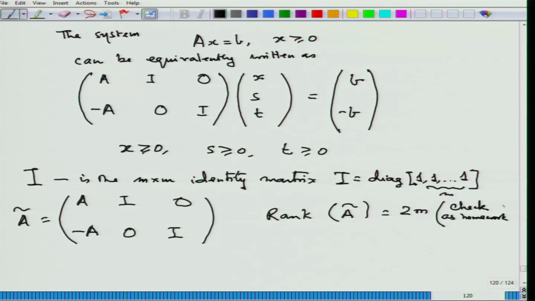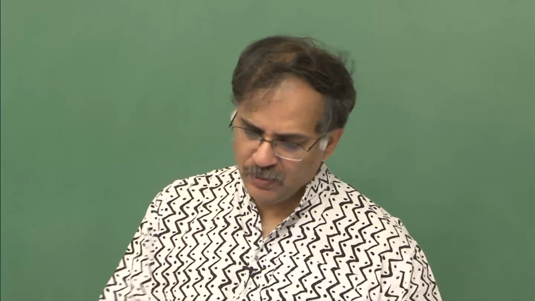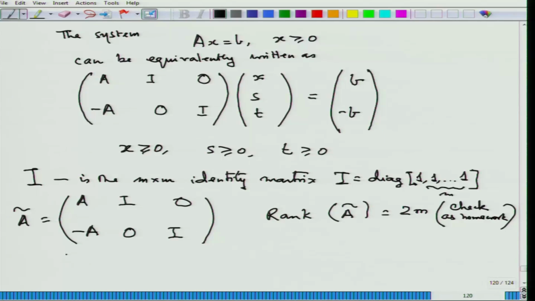So, give me any system of A, I can always convert it, using slack variables, into a system where I have a matrix which has full rank. There are 2 m rows, so the rank is 2 m. So, it is full row rank. So, A tilde has full row rank.